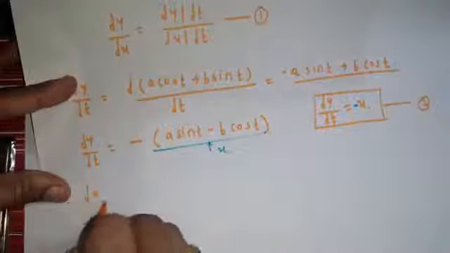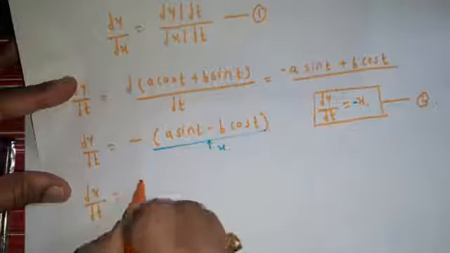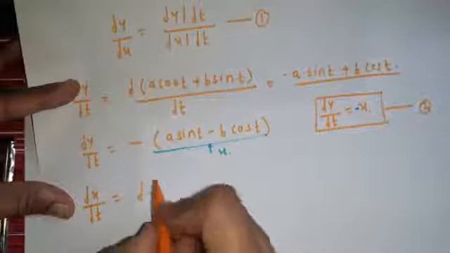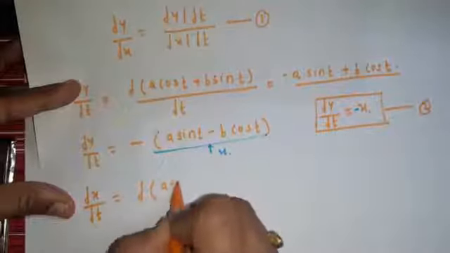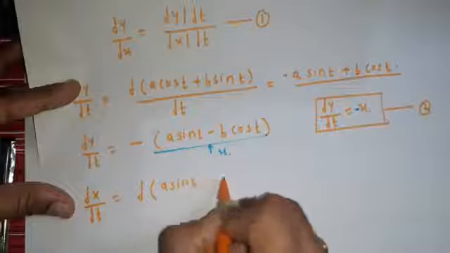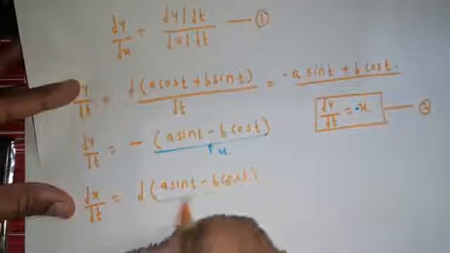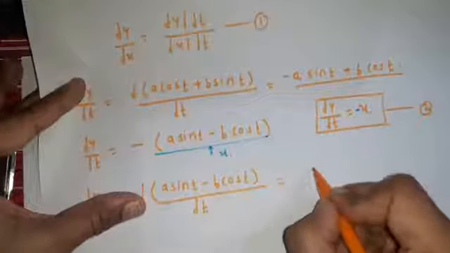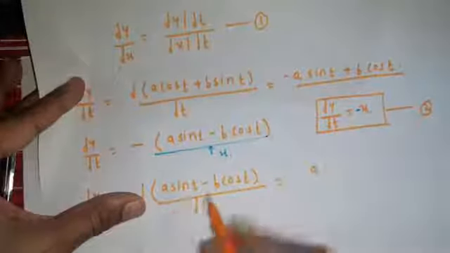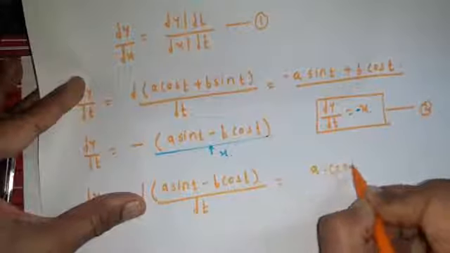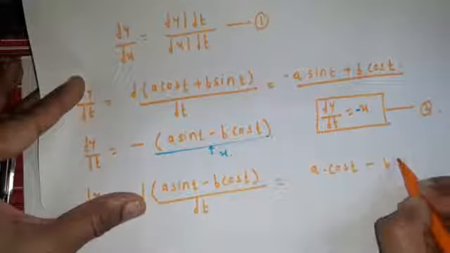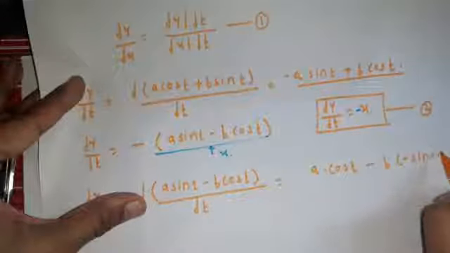Now let us find out dx by dt, that is differentiation of x with respect to t. What is the x function? x is a sin t minus b cos t with respect to t. So differentiation of a sin t is, a is constant, differentiation of sin t is cos t, minus b is constant, differentiation of cos t is minus sin of t.